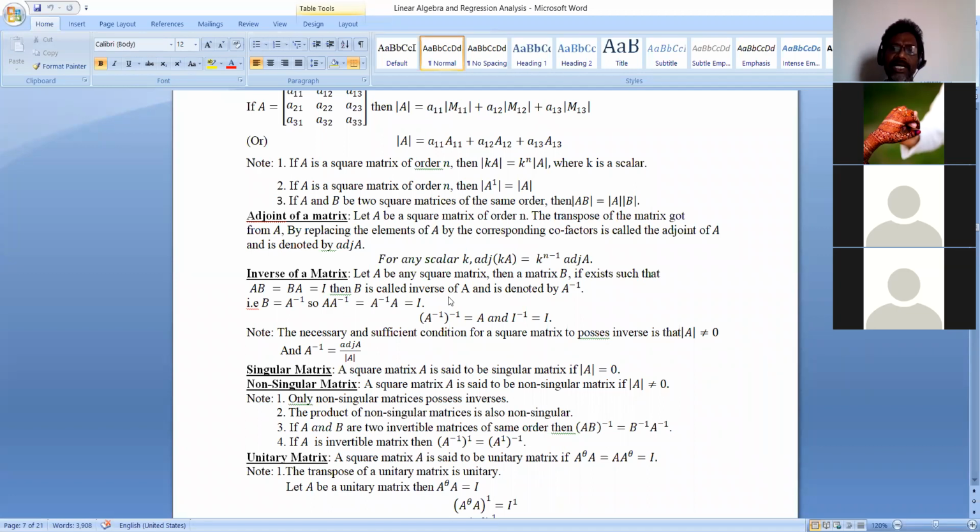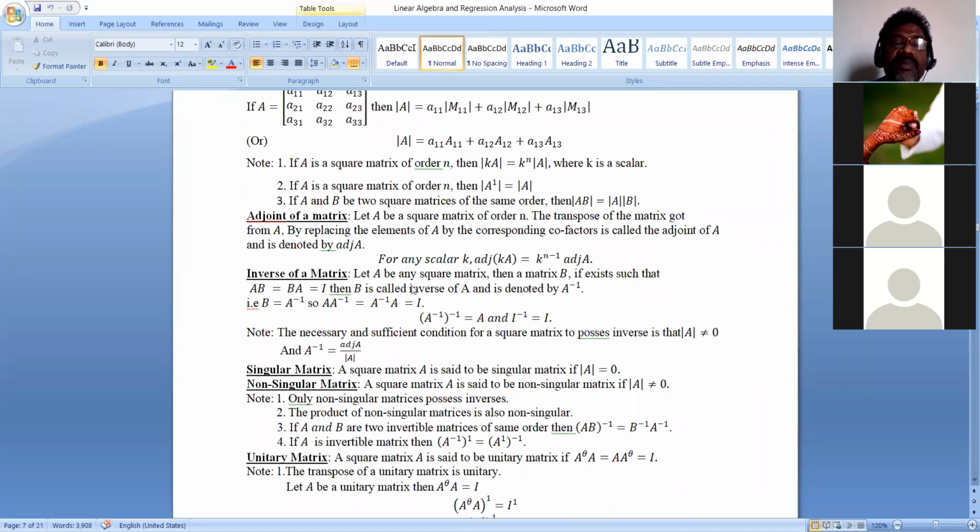If this condition is satisfied by a matrix B, then B is called the inverse of A, denoted A inverse. That means A into A inverse equals A inverse into A equals I.